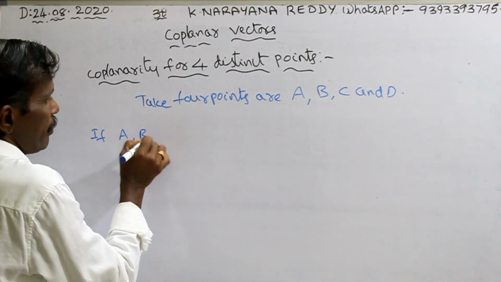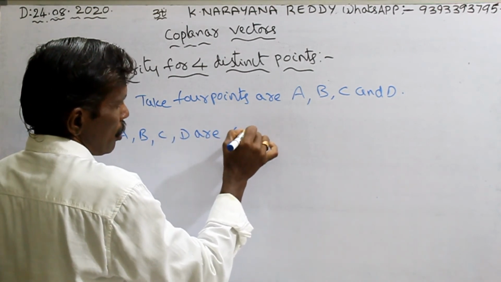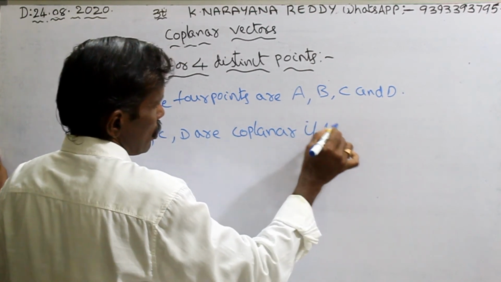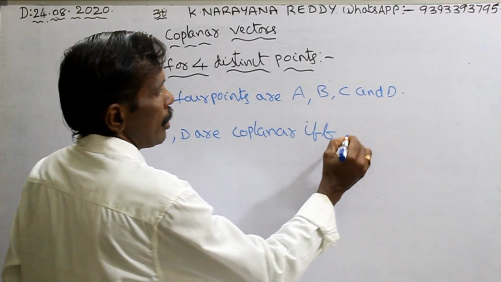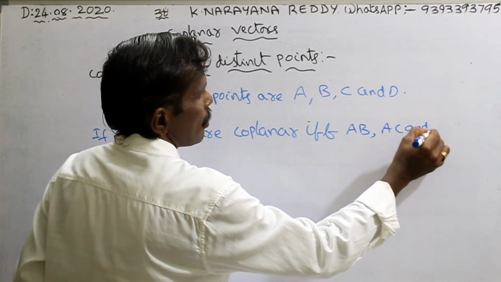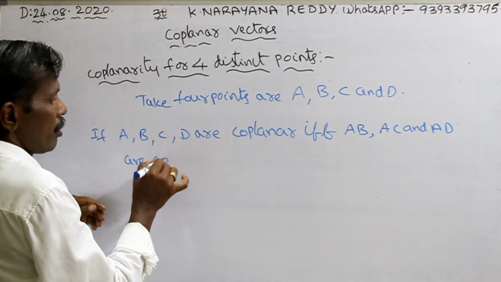A, B, C, D are coplanar if and only if AB, AC and AD are coplanar.